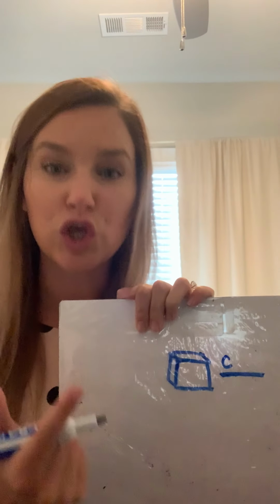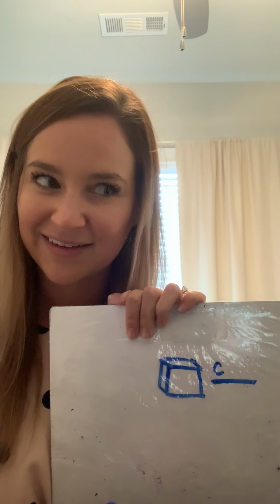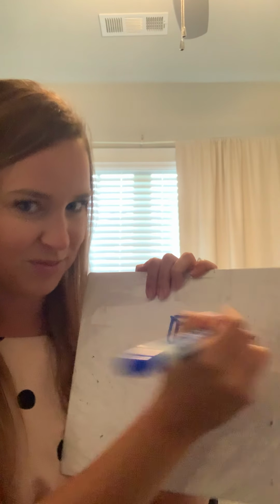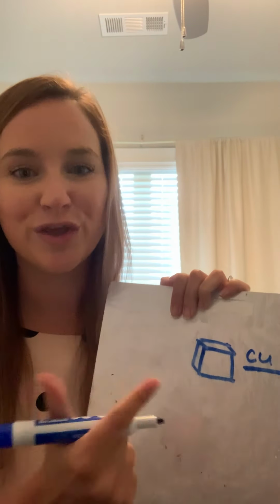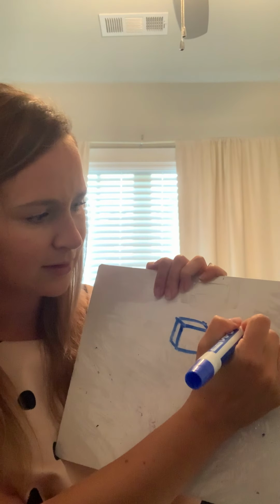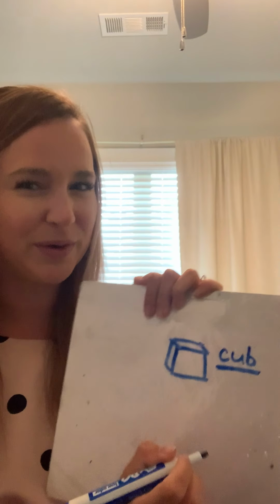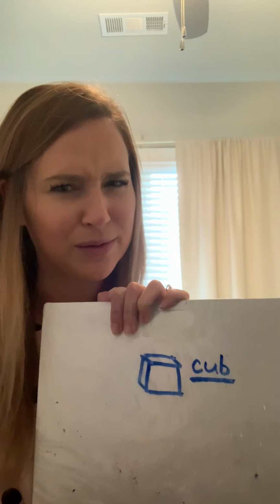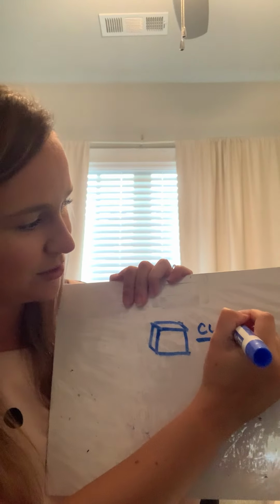Cube. K-U. What do you hear there? I hear U like unicorn. Keep that in your mind. Cube. U-B. And what says B? B. But wait, what do I need in order to make that U say U like unicorn and not like up? I need a silent, sneaky E to change that U to the long U.